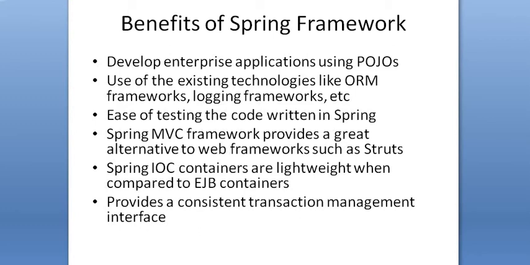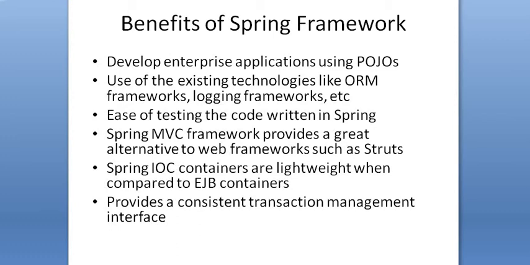Coming to the second point, it makes use of existing technologies like object relational mapping frameworks such as Hibernate, and logging frameworks like Log4j. So it uses all these other frameworks as existing technology. Next is ease of testing the code written in Spring.